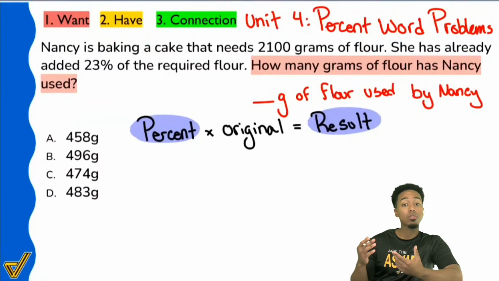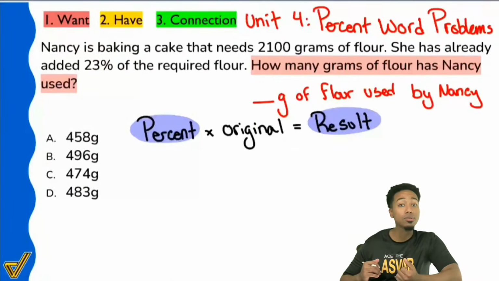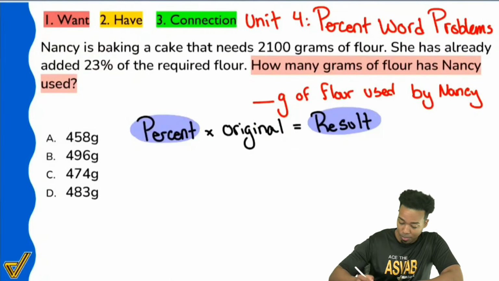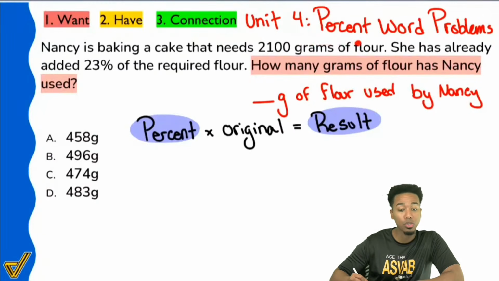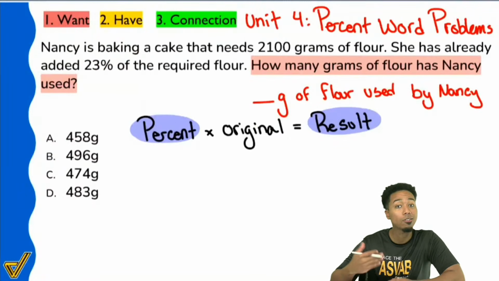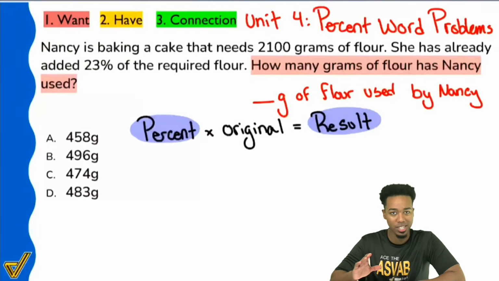We're looking for the number of grams of flour that Nancy's used. We know that this is a percent problem because it says, hey, Nancy's baking a cake that needs 2,100 grams of flour. She's already added 23% of the required flour. Okay, so right there, flat out, they gave you a percentage. So here's how you know you're using it correctly, everybody.